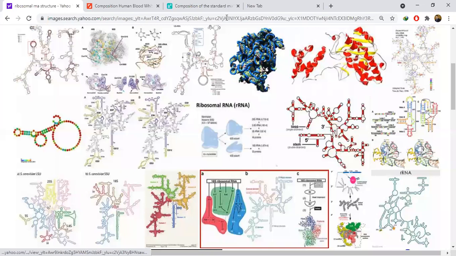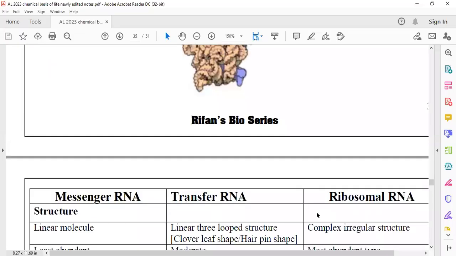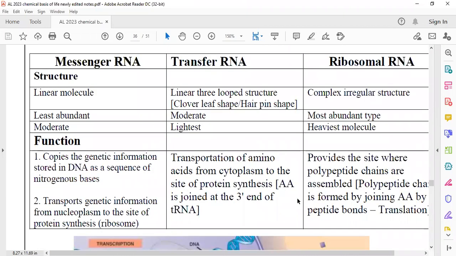So, I have selected this diagram, a relatively simple diagram. Here I have written the comparison between messenger RNA, mRNA, transfer RNA, tRNA, and ribosomal RNA, rRNA.